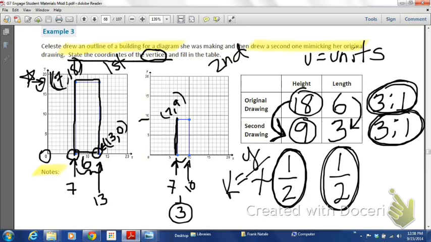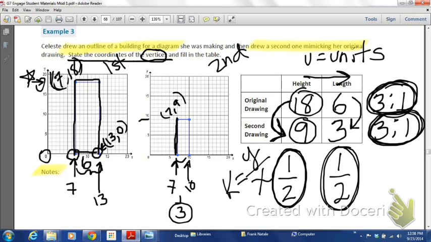And again, what is that constant of proportionality? In this case, it is 1/2, because you can go from one to the other by dividing by 2. Now, going this way from height to length, we have our 3 to 1, and that could also be 1/3.